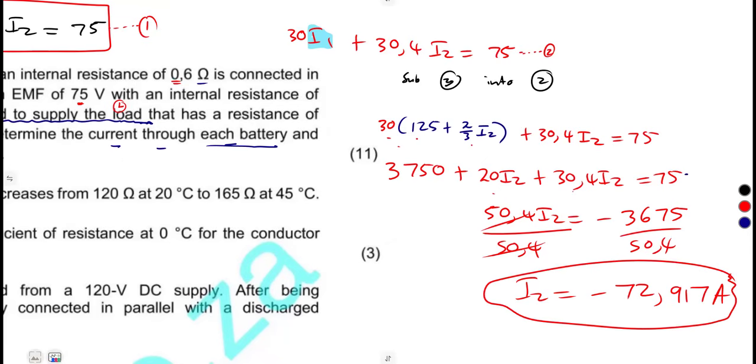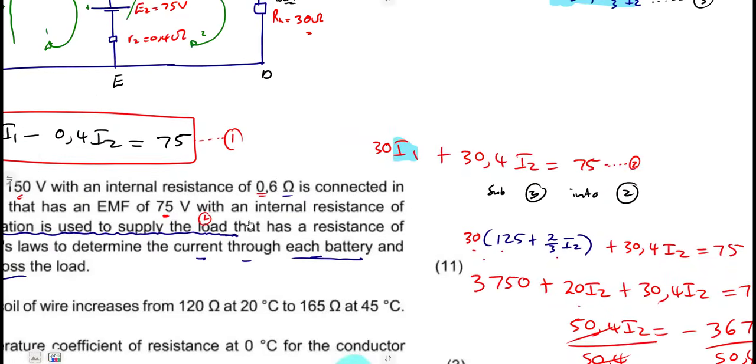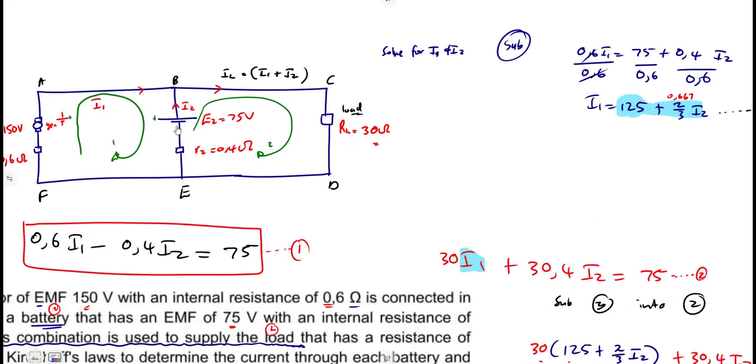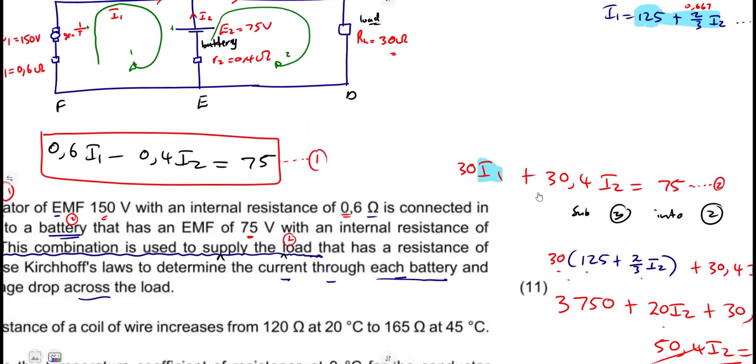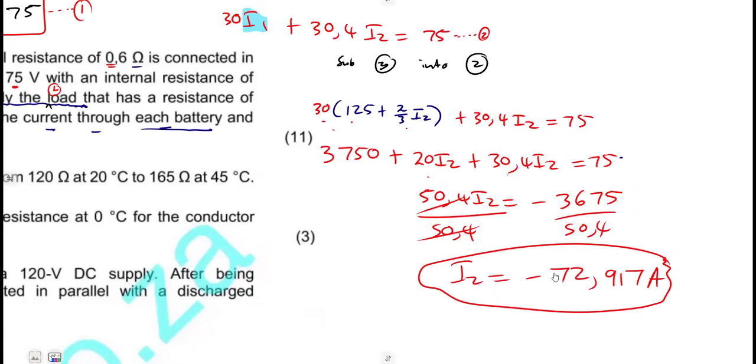This is across the battery. Remember, the second part represents our battery. The negative simply tells us that what we are given here is opposite. They told us it is supplying the load, but the negative is denying that. It is simply being charged. The battery is being charged.